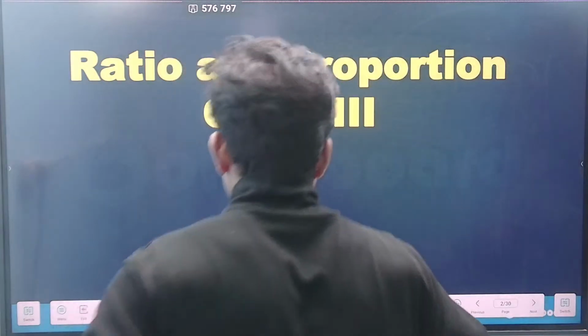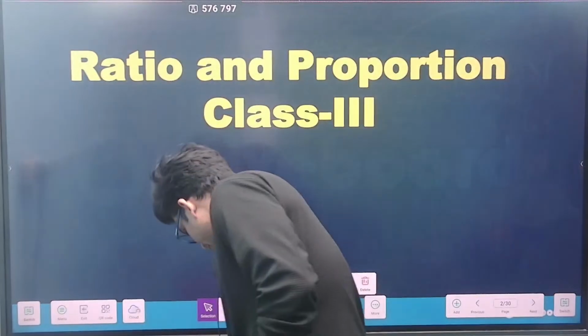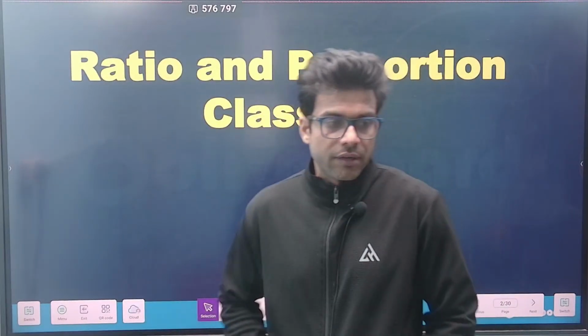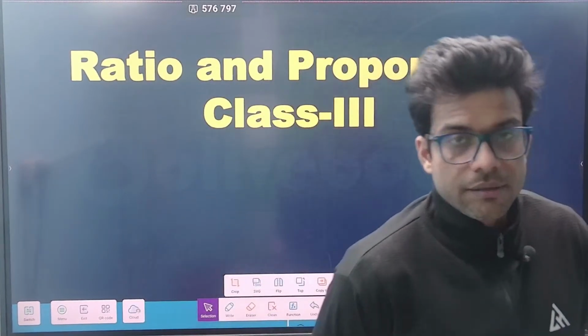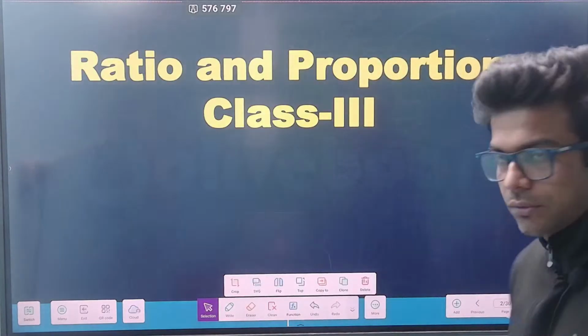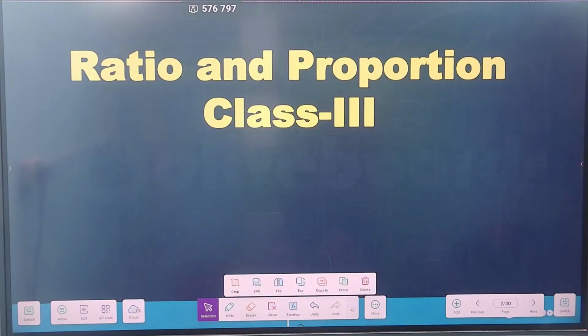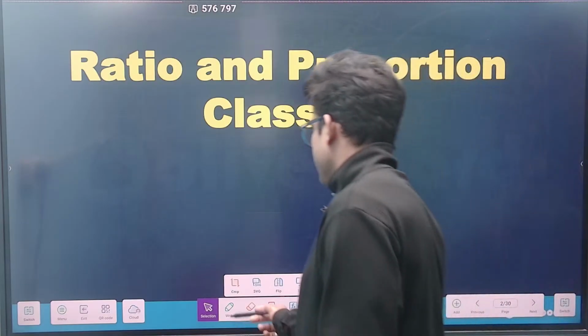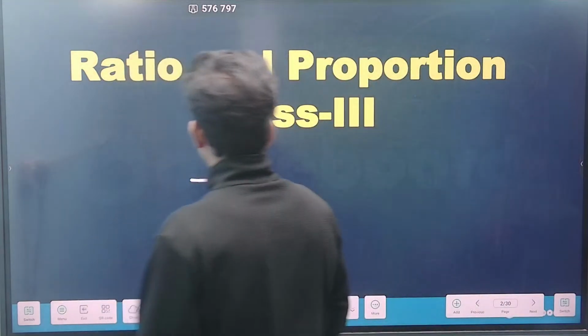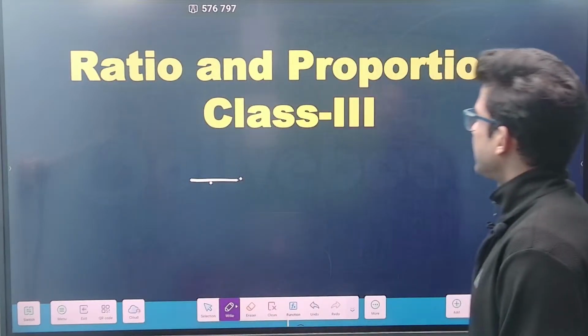So everyone, as I said, we did a lot of classes on ratios, and this is my third class on ratio. We also discussed the basic questions of ratio, as all of you know, correct? This is ratio 3.